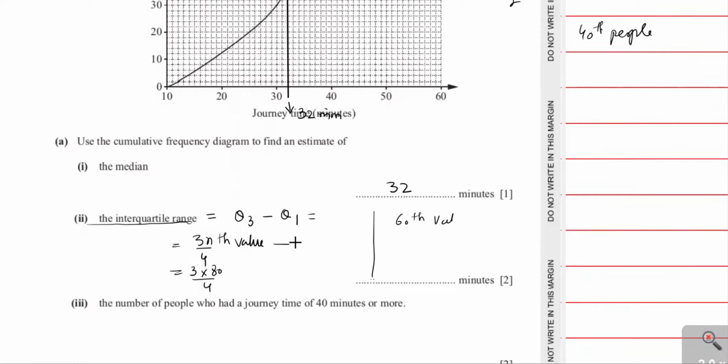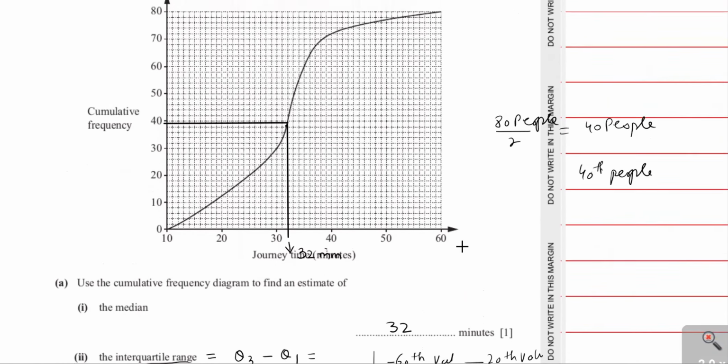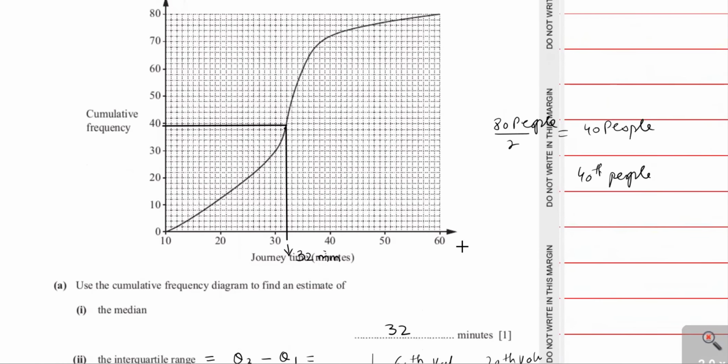Q1 is the n over 4th value, and this is equal to the 20th value. Therefore, the difference of the 60th value and the 20th value will be the interquartile range. Firstly, we calculate the 60th value, the 60th person's journey time.